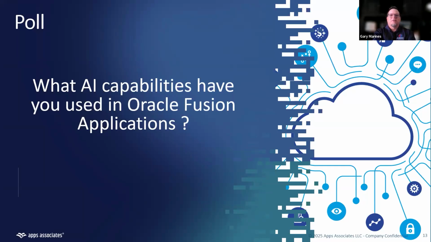All right. So, what AI capabilities have you used in Oracle Fusion applications? You can have a single choice here, real quick: generative, predictive, agentic, all, or none. Pick one of those.